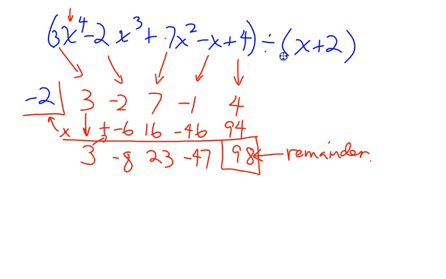So what is the answer to this when I divide two polynomials? Well, it should be another polynomial. These numbers right here are what I'm going to use for the coefficients and constants of my quotient.